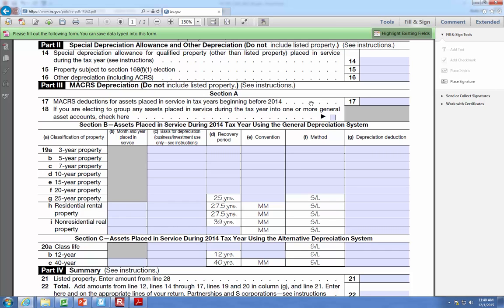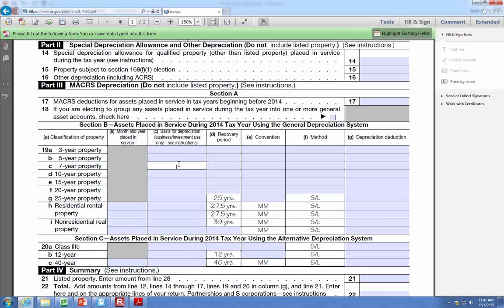Just whenever you get the line number, just tell me. I think it's going to go to 19C2, so let's try and fill it out. We don't even really know what Section 179 is yet. It might actually go there, but we don't know what that is yet.